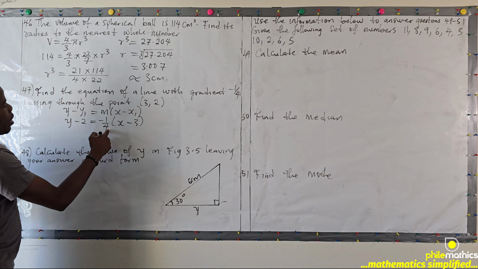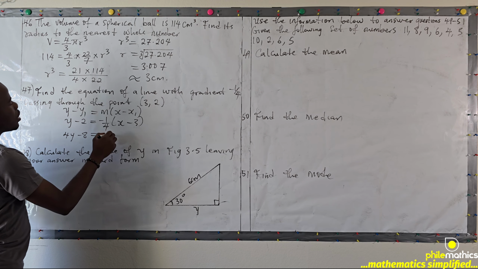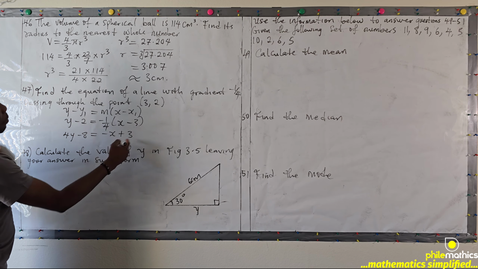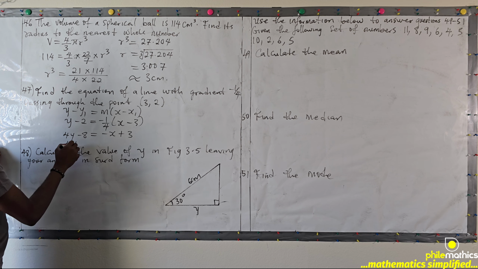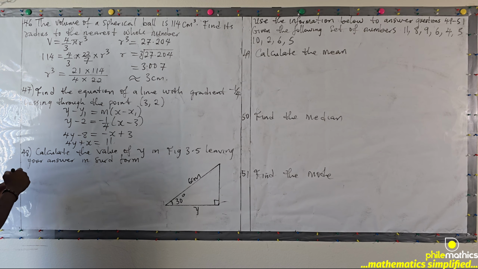If I multiply through by 4, I have 4y minus 8 equals minus x plus 3. If I take x to this side and minus 8 to the other, I have 4y plus x equals 8 plus 3, which is 11. This is the equation.